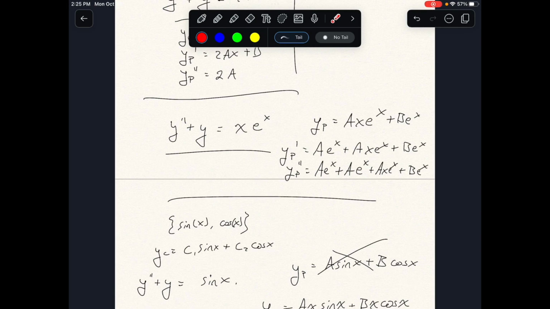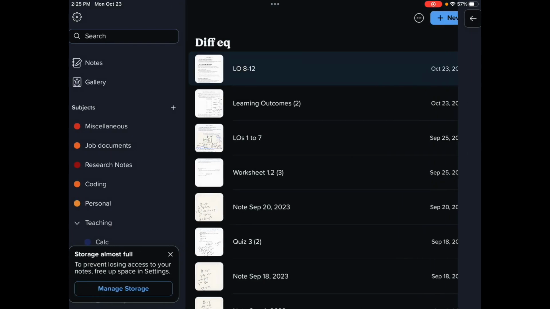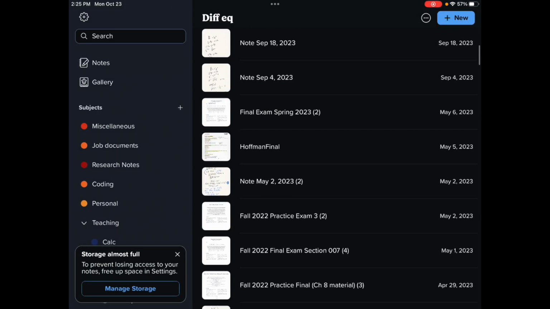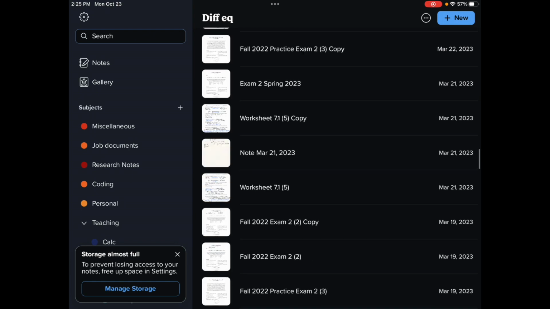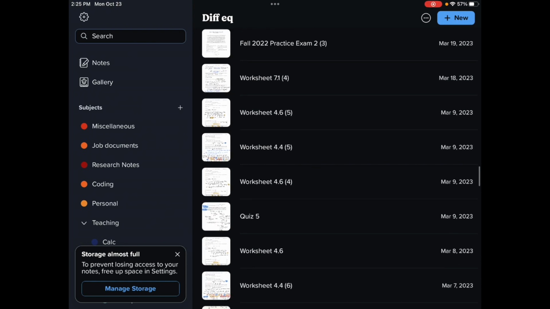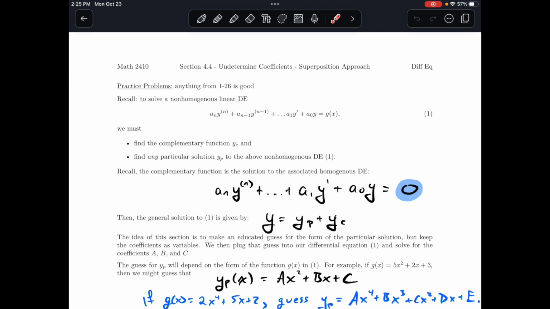So if you go to, is it in here? Let's see, this is section 4.4. So go into the textbook, section 4.4, and just pick any of the problems from 1 through 26.